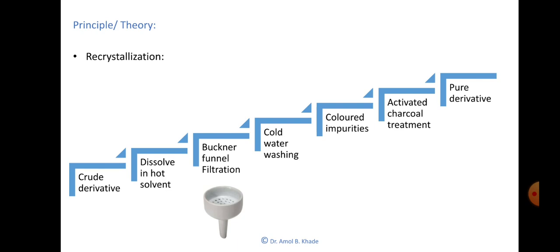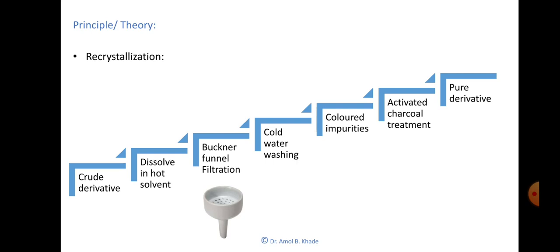After washing, you can take the beaker with the filtrate and cool it. Once the solvent evaporates, the solid derivative will crystallize out and form its pure crystals. You can evaporate the solvent slowly and you will get a pure recrystallized product of your solid derivative.